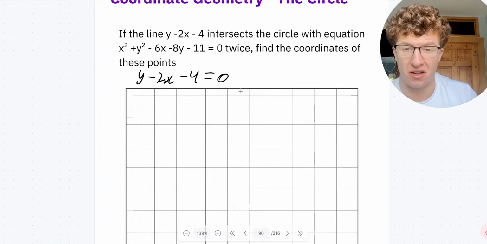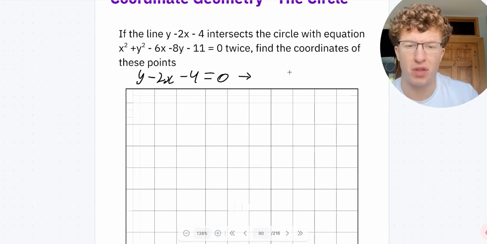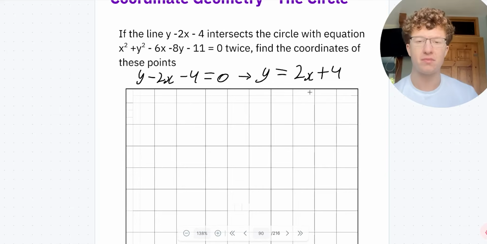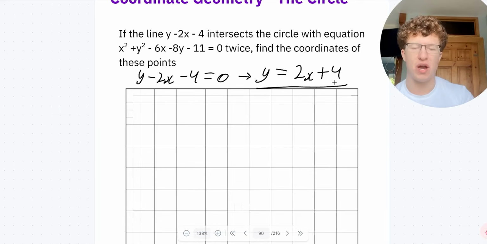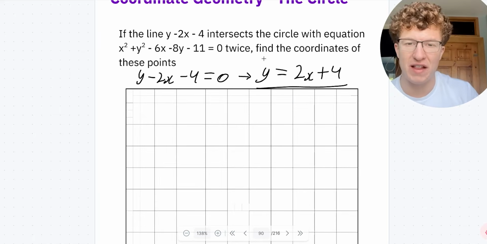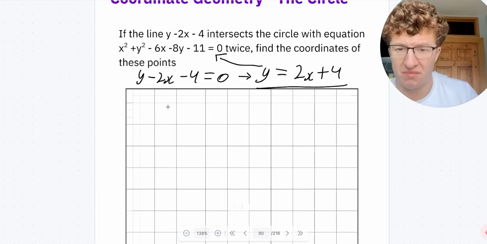That's the equation of the line that intersects the circle. So now I'm just going to bring everything but the y over to the other side. So I'm going to say y is equal to 2x plus 4. Now we have the equation of the line. Same thing, we just wrote it differently. Now we're just going to fill that into the circle equation to get our points. So now we're going to have x squared plus y squared.